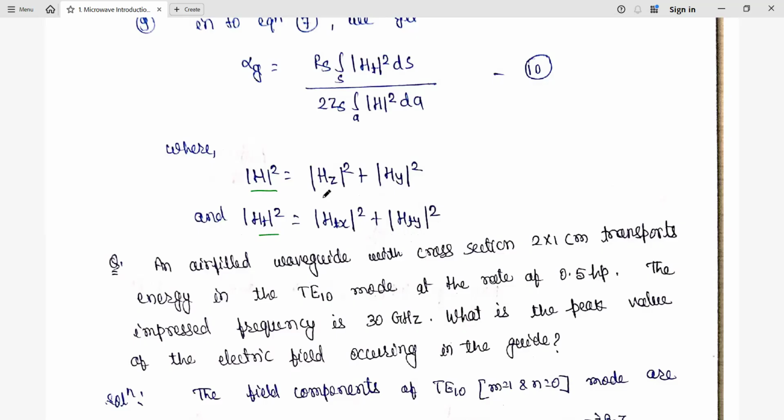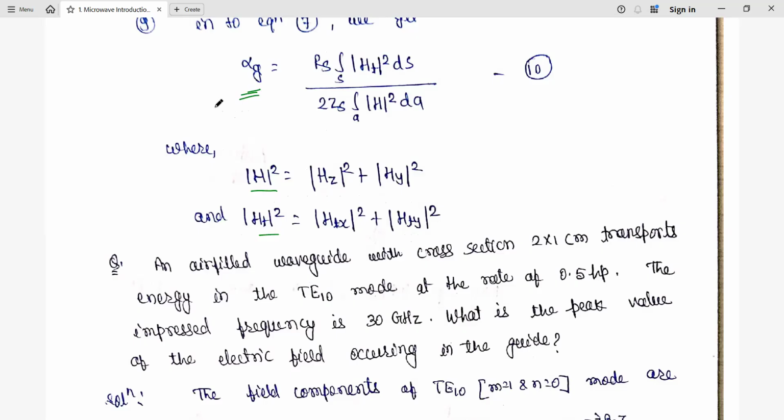So that is a small difference in both. This is how the loss is going to occur. This is the factor alpha G, by which there is the exponential decay.